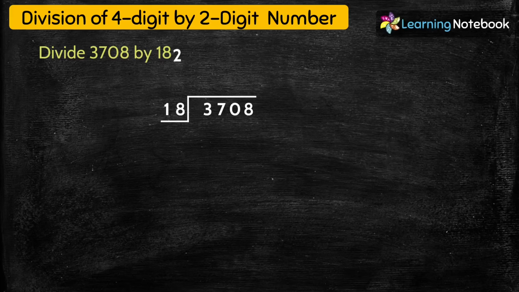18 into 2 equals 36 and 37 minus 36 equals 1. Now copy the next digit 0. We get 10. But 10 is smaller than divisor 18, so we cannot divide it.